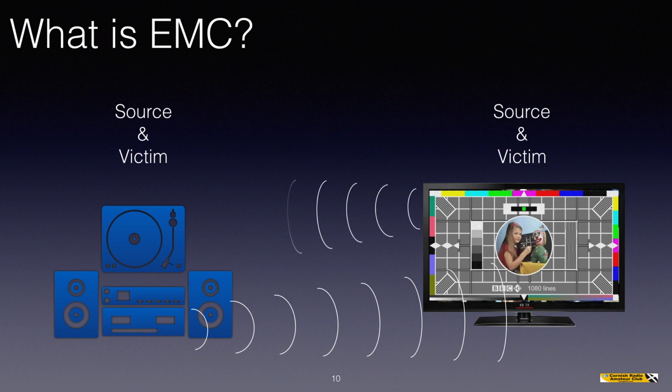And indeed, the television would radiate perhaps some RF energy as well. So in this case, both items are both source and victim, but they shouldn't cause any interference to each other because they should both correspond to the EU EMC directive and should work perfectly well in close proximity.